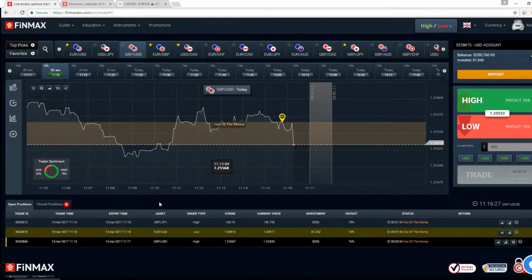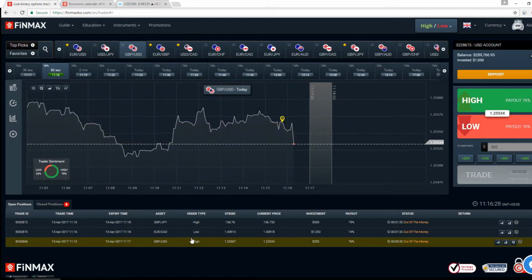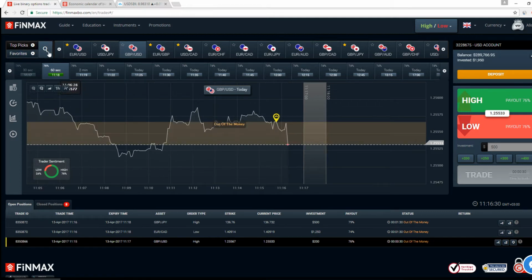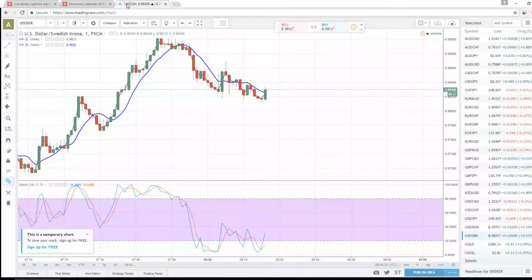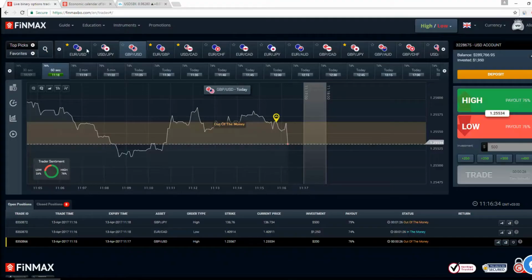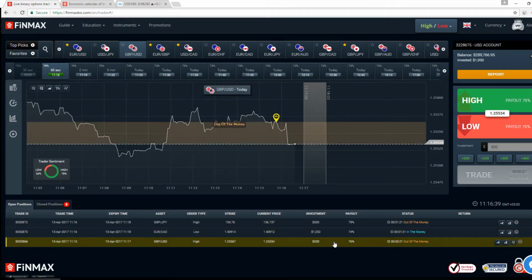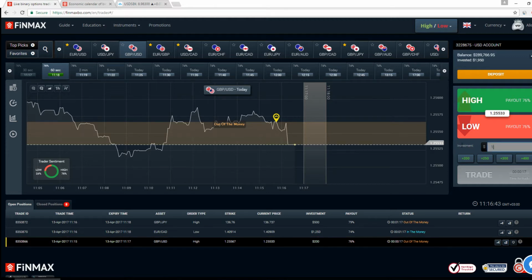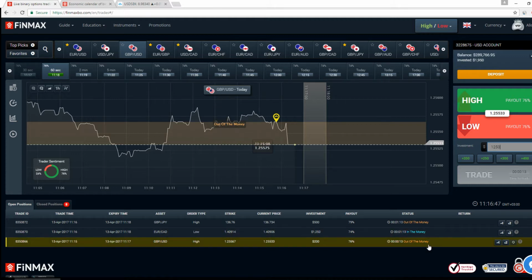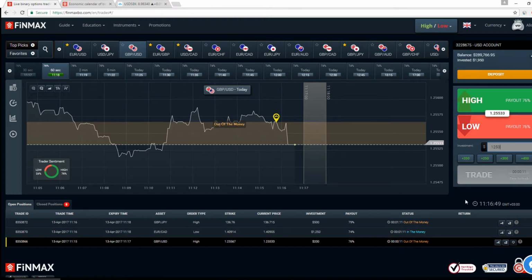Okay, interesting. I will wait till this trade expires. We'll open the next one, and after that I will open the next one.